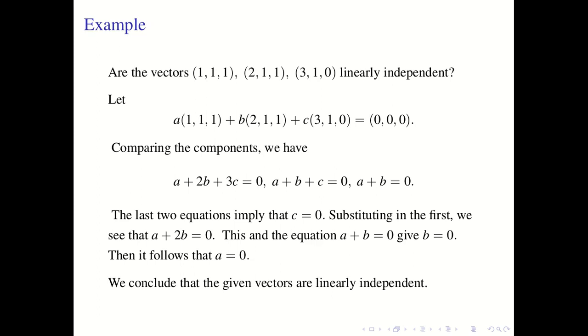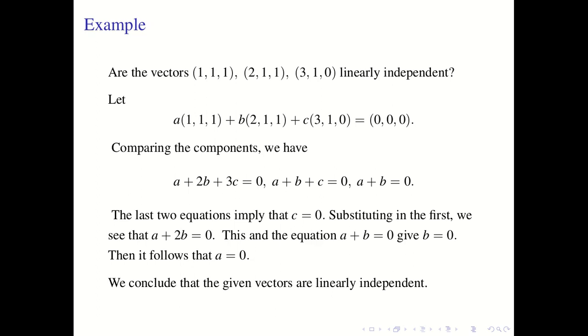Now the left hand side of this equality, we can write as (a plus 2b plus 3c, a plus b plus c, a plus b). Now this is equal to (0, 0, 0). Two vectors are equal if the corresponding entries are equal. So equate them.